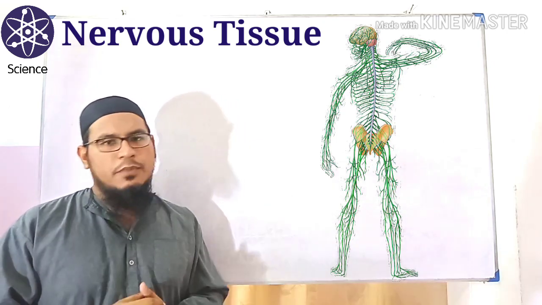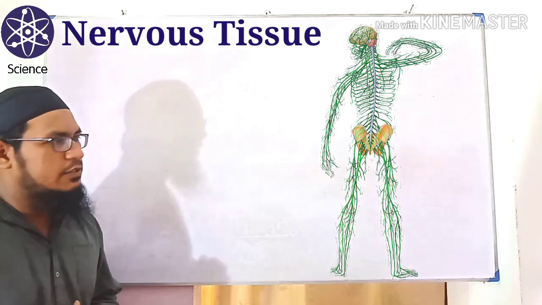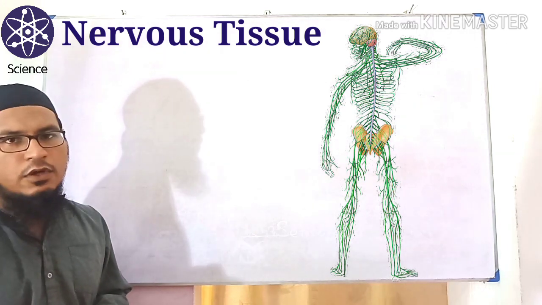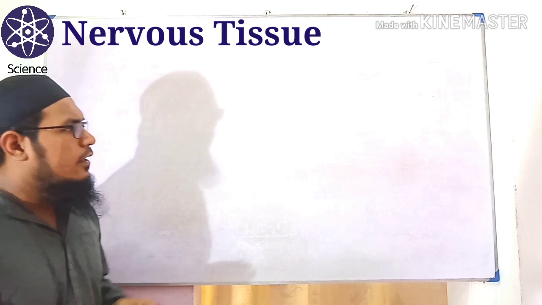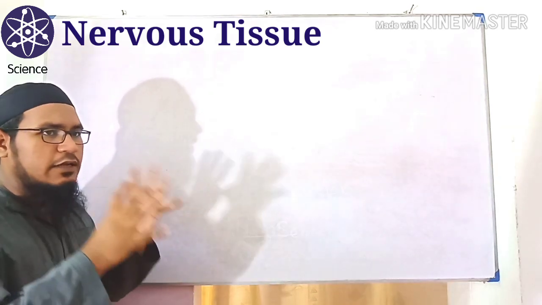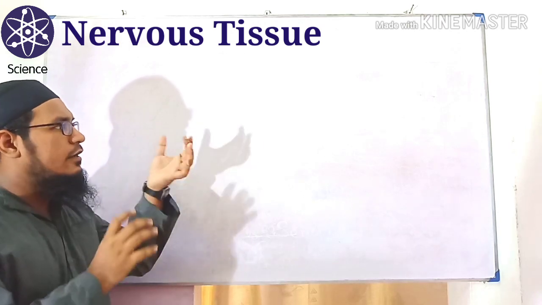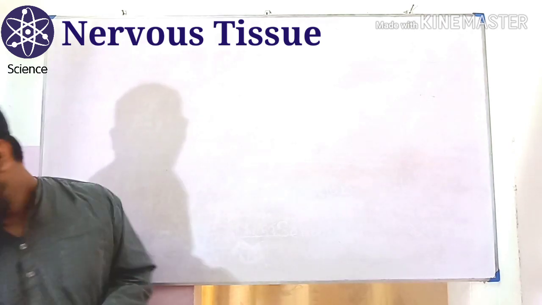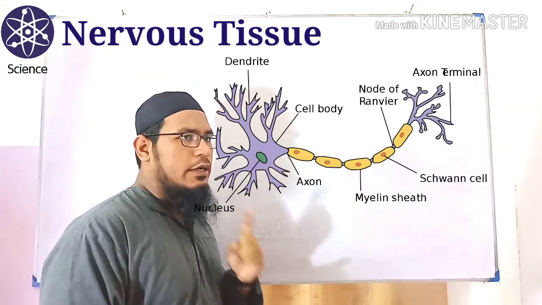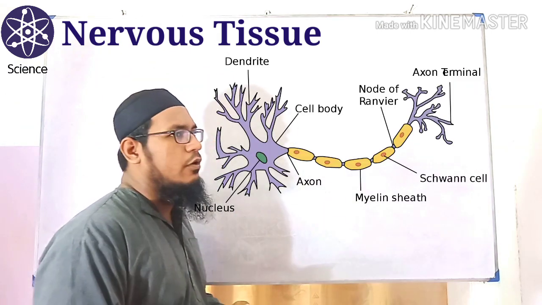So there are many complications related to the nervous system. Paralysis, coma, all those things are related to the nervous system. Under nervous tissue, we will be studying the structure of a single nerve cell. This nerve cell is called a neuron.